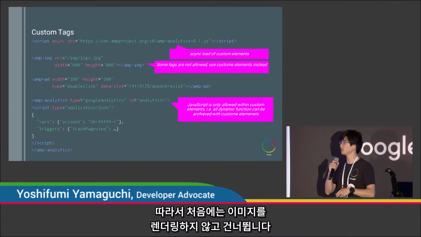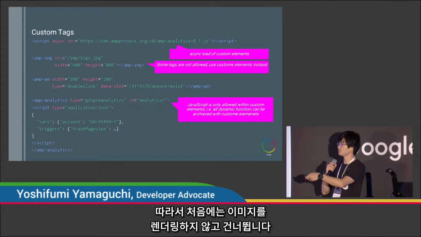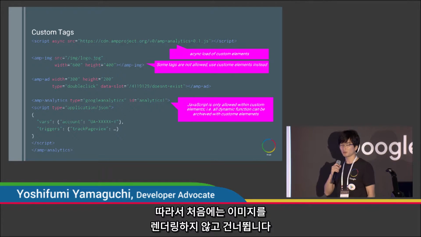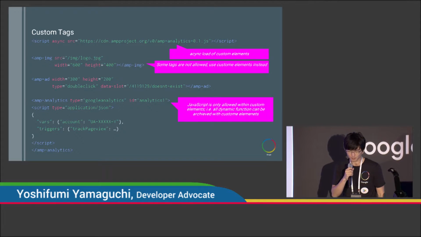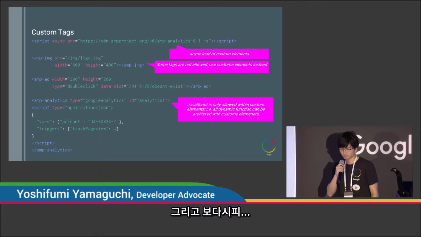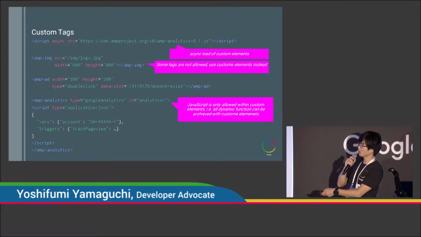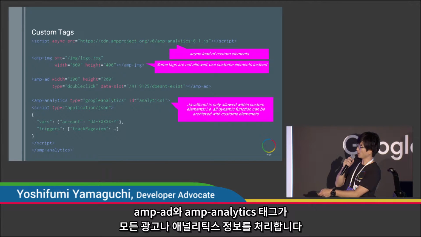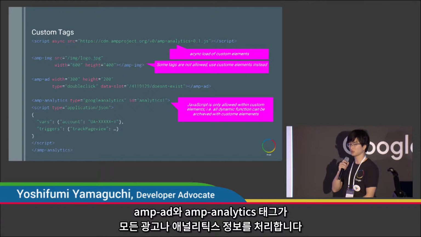So the fast rendering will skip the rendering of this image the first time. And also, as you see, amp-ad and amp-analytics handle all the ad and analytics stuff.